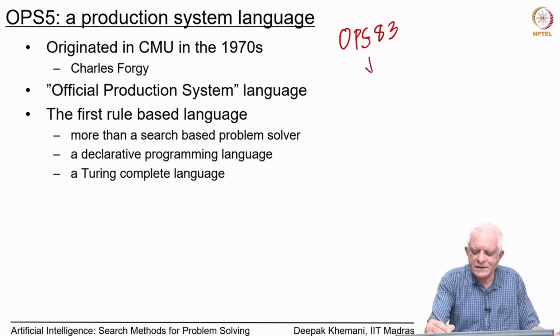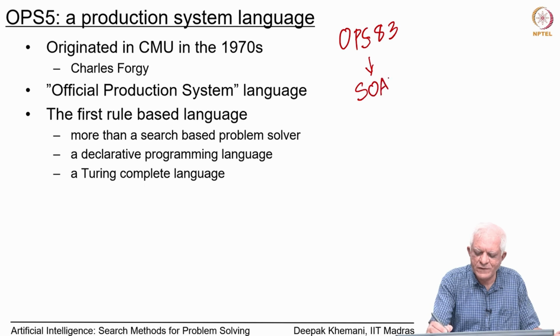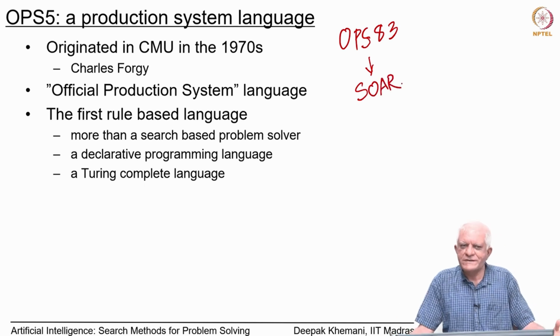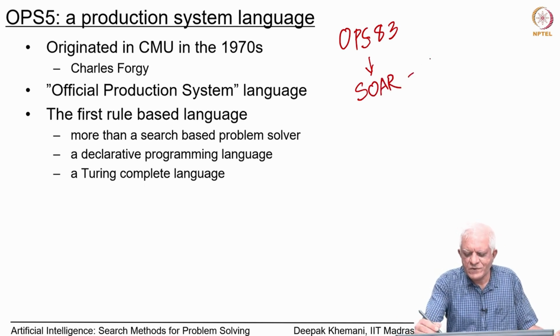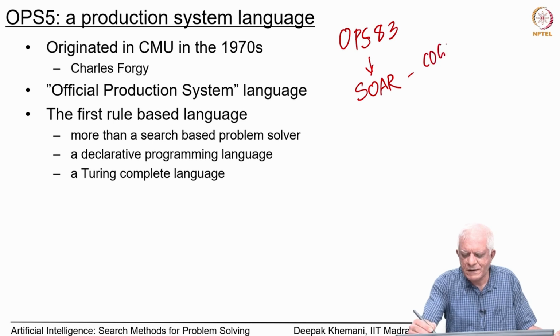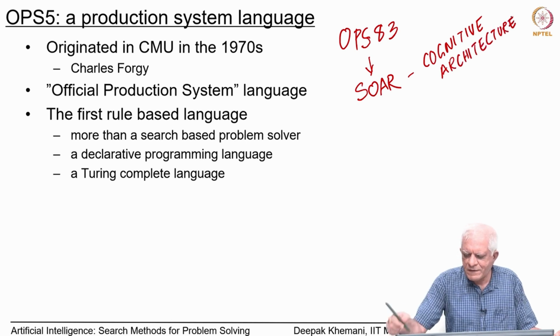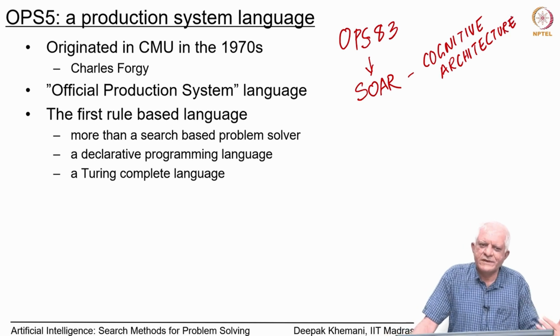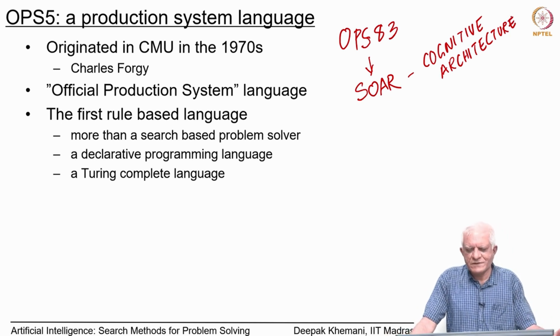and much later it evolved into a system which was called SOAR, which we will not have time to cover in this course, but it was a kind of cognitive architecture. Remember that this whole thing came out of Newell and Simon's work on how humans solve problems.